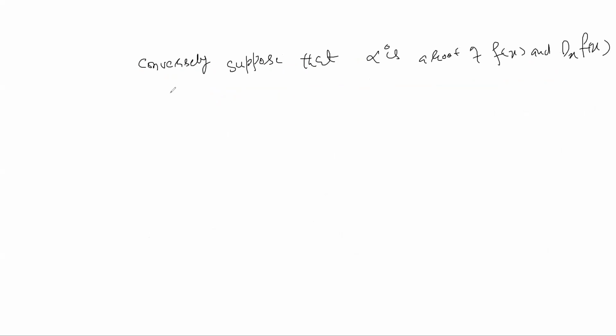Because alpha is a root of f(x), write f(x) equal to (x minus alpha) h(x) for some polynomial h(x).